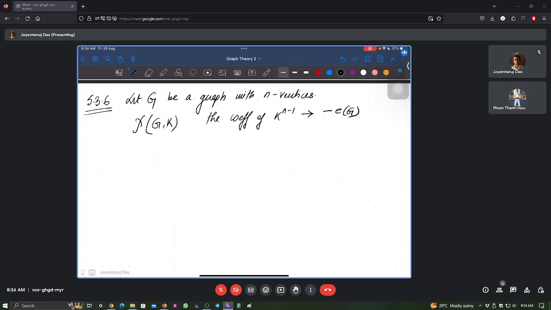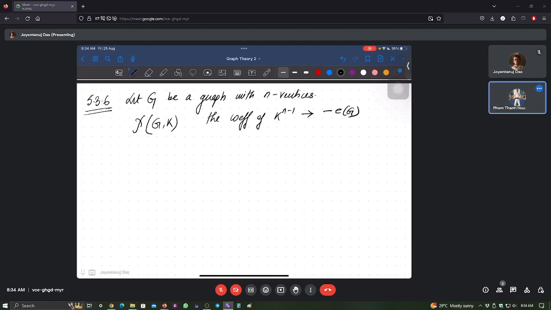We saw a proof using induction, but here they are asking to give a non-inductive proof. So we have to give a different proof other than induction, that the coefficient of k to the power n minus one is minus the number of edges.